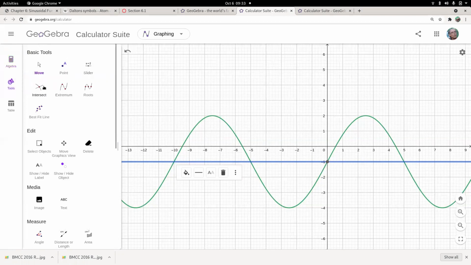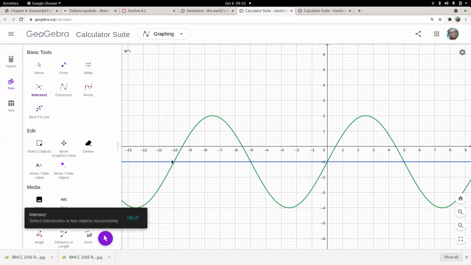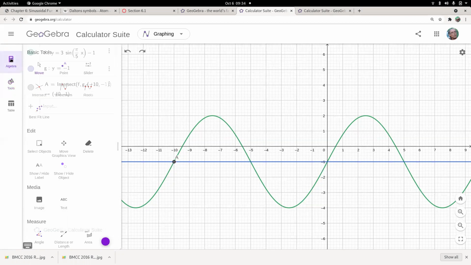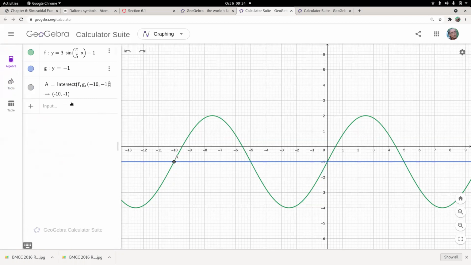There we go, intersect. Back here, there's my -10, -1. Up here at the peak, it should just tell me that one if I click. 2.5, 2. All right, so it looks like I got the right graph.